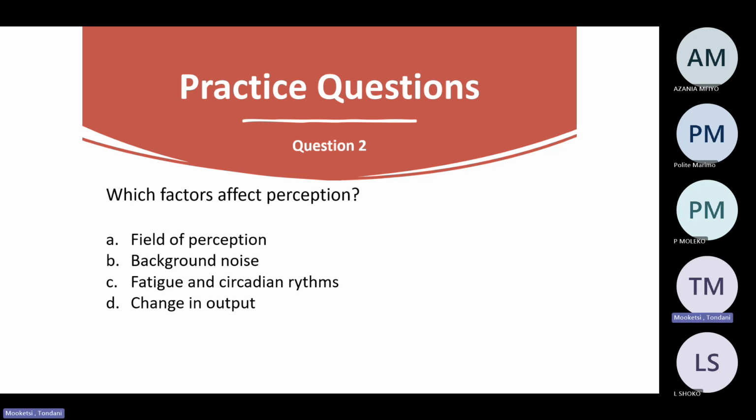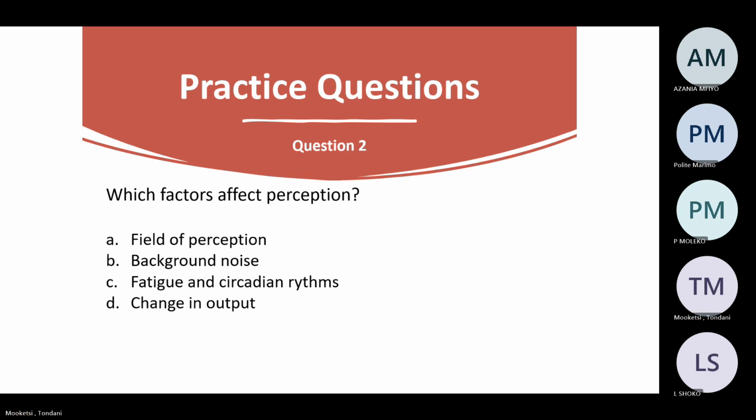When we discussed perception in the slides, we listed the factors which affect perception. Change in output was one of them. Field of perception was one of them. Background noise, and also the one about fatigue and circadian rhythm.